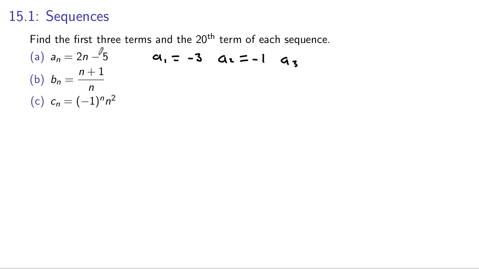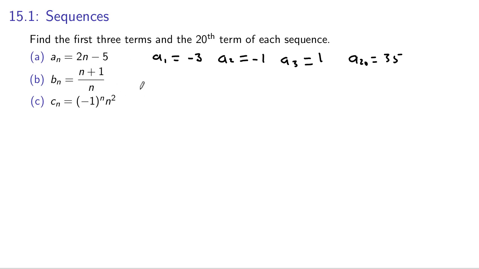A sub 3 would be 2 times 3 is 6, minus 5 is 1. And a sub 20, we put in 20, we get 40 minus 5 is 35. And notice this is an arithmetic sequence. The difference between each entry is 2. This is a constant. These other 2 sequences will not be arithmetic.